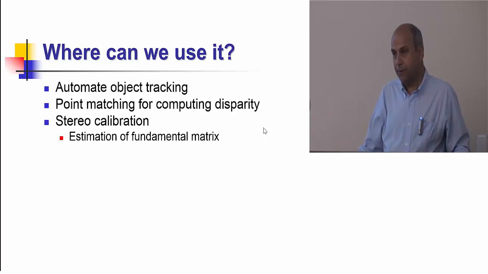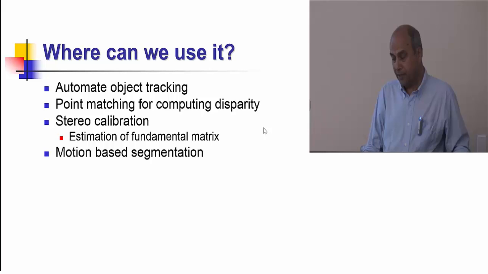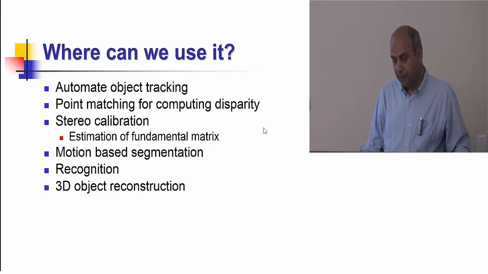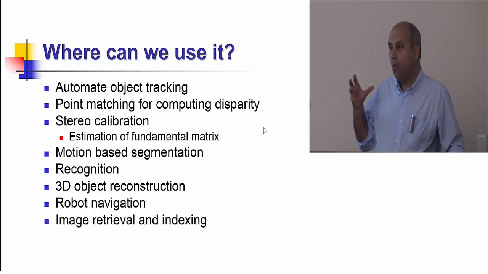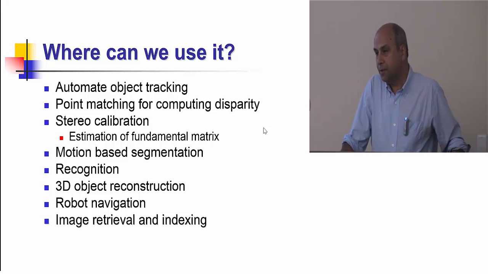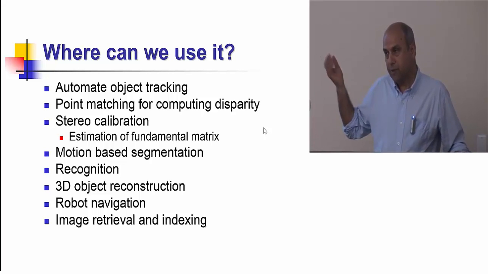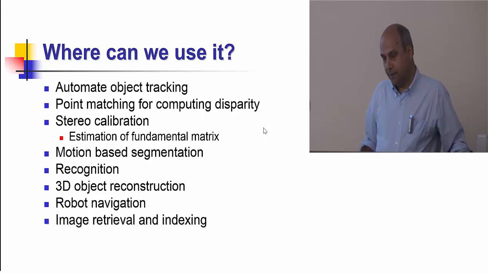Suppose in stereo, you need to calibrate the cameras and find the fundamental matrix, motion segmentation, object recognition, 3D object reconstruction, robot navigation, and image retrieval, indexing, and so on. So it's a very fundamental concept to find interest points, and it has lots of uses, many more than edges.